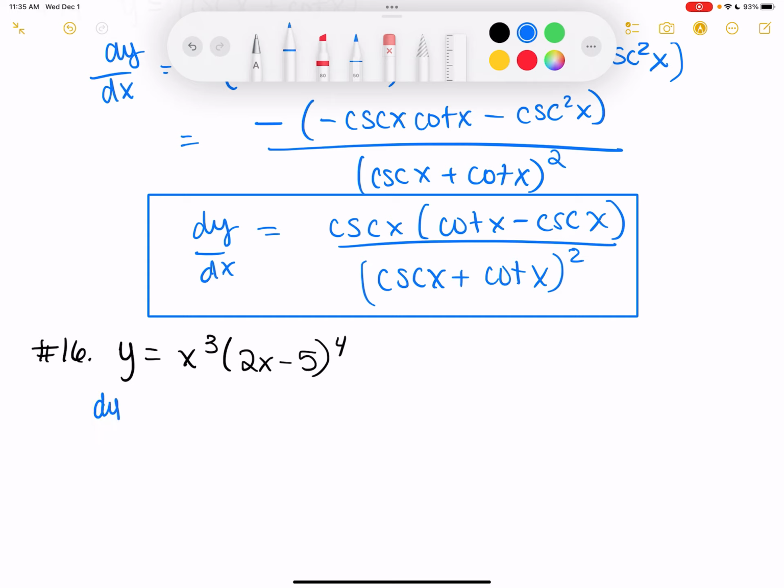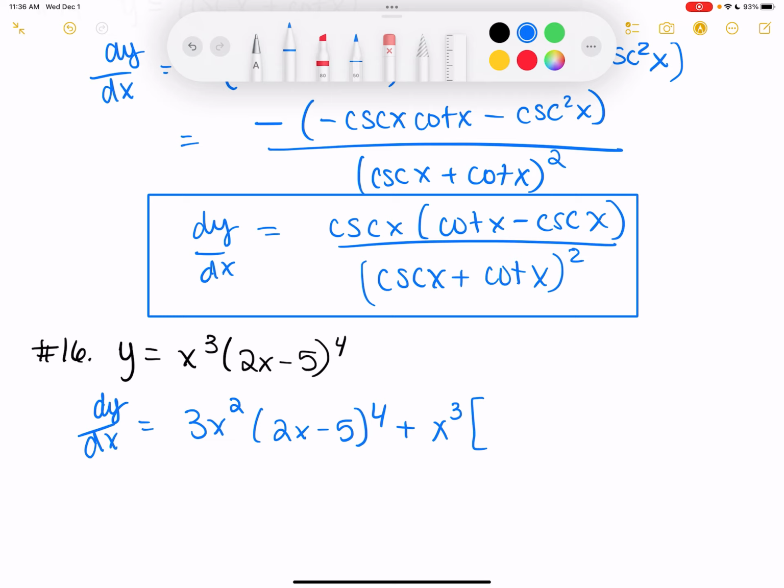So dy/dx is equal to the derivative of the first, so 3x squared, times the second, (2x minus 5) to the 4th, plus the first, x cubed, times the derivative of the second, which is going to be, we're going to take the derivative of the parentheses as a whole, and then we're going to multiply it by the inside of the parentheses.